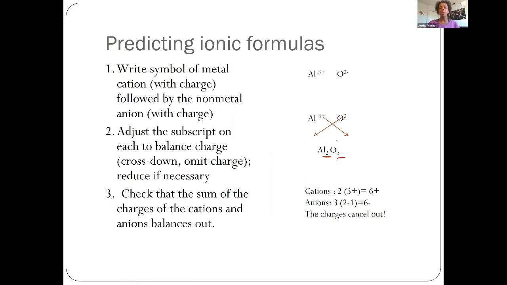If you check your math, 2 times 3 gives us positive 6, and 3 times -2, sorry for the typo, gives -6 as your overall charge. So the charges cancel out. Ultimately, what we want is the overall charge to balance out to 0.